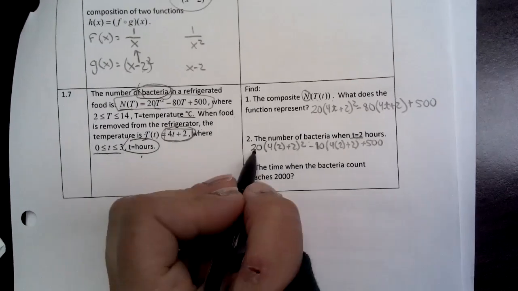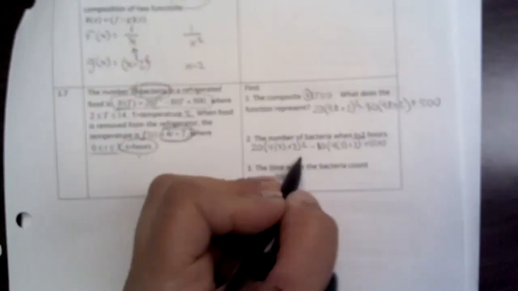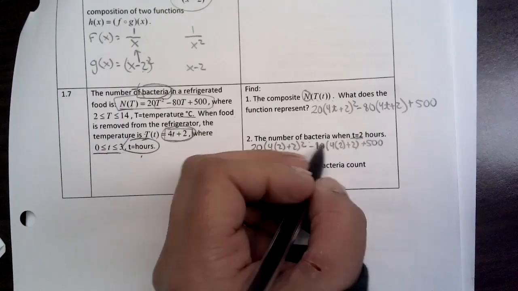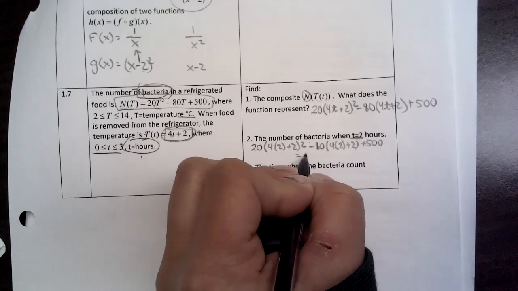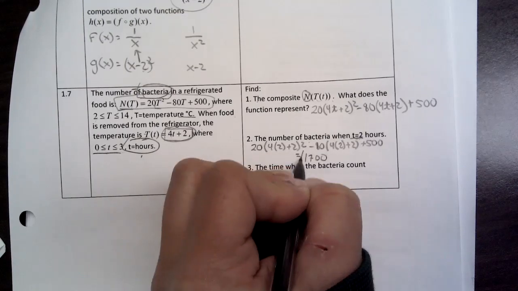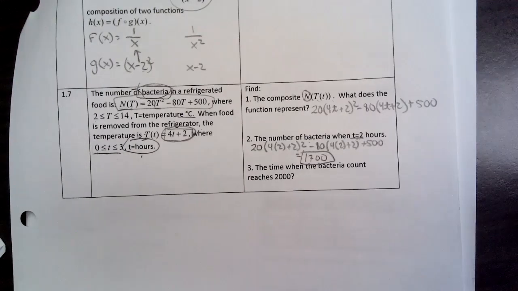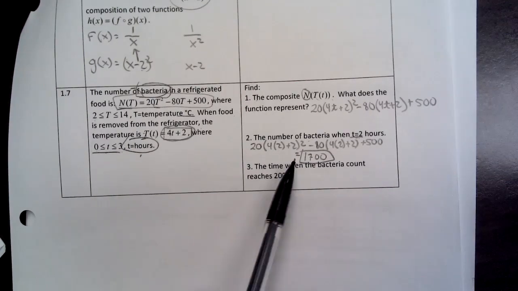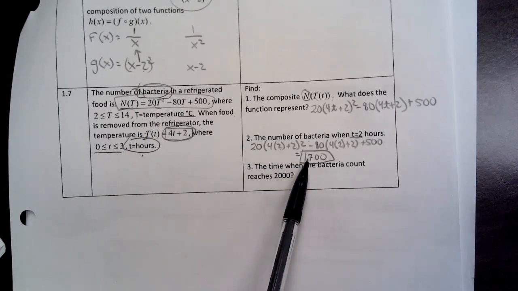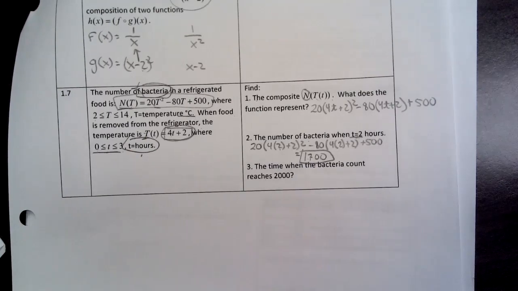I'm going to finish this out, and I'm just going to work this problem out. And if I plug it all in, I get 1,700. So I know now that after 2 hours, I'm going to have 1,700 bacteria in it.